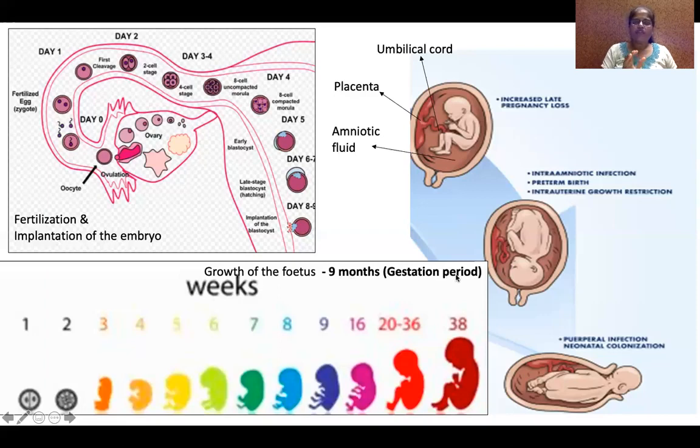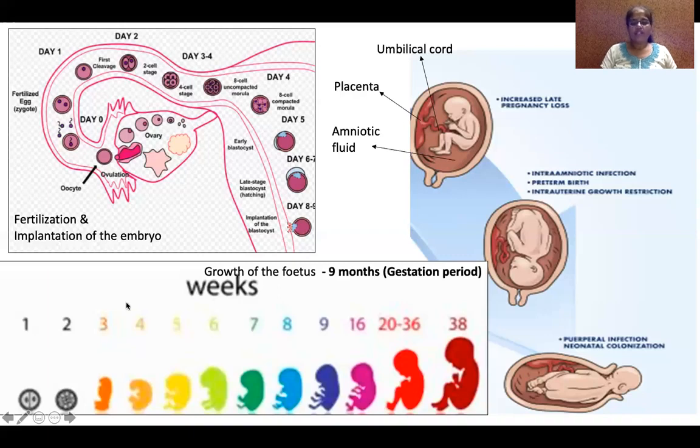These 9 months, where the embryo develops into a small baby, are called the gestation period. Because of the fertilization, for 9 months, women won't have a menstrual cycle. The menstrual cycle stops once fertilization happens, till the date of delivery.